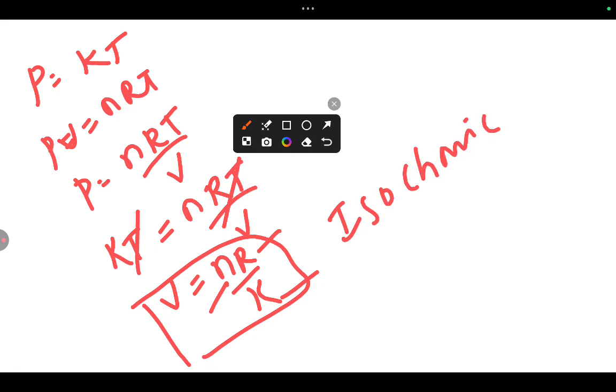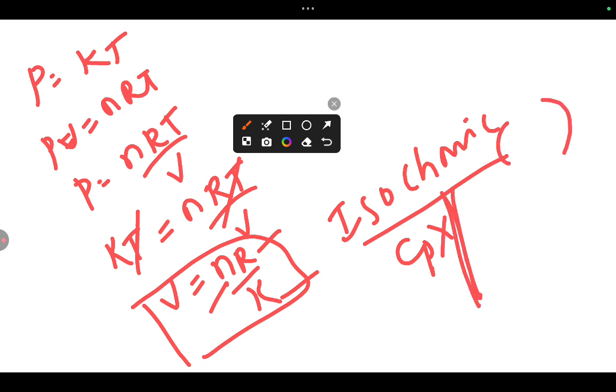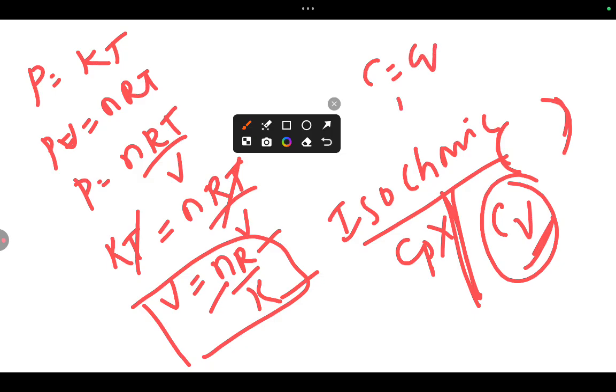At isochoric, the heat capacity is not Cp; at constant volume the heat capacity will be considered as Cv. So in the place of C, we can use Cv. That is question number 80, which is option B.